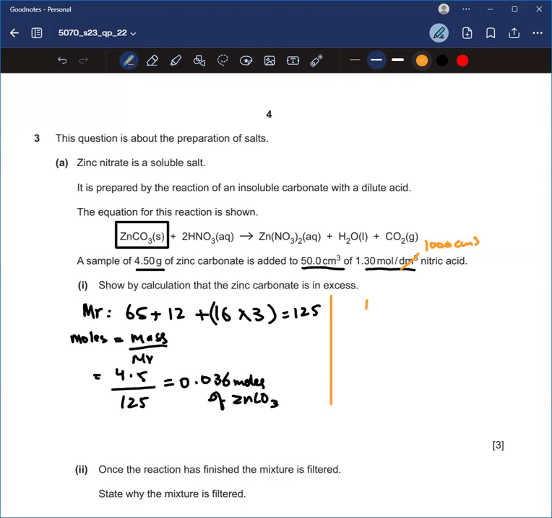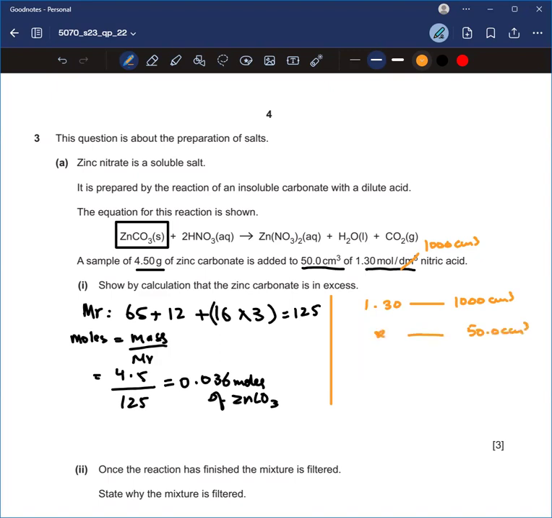So here we can write 1.3 equals 1000 cm³, and 50.0 cm³ would be x.